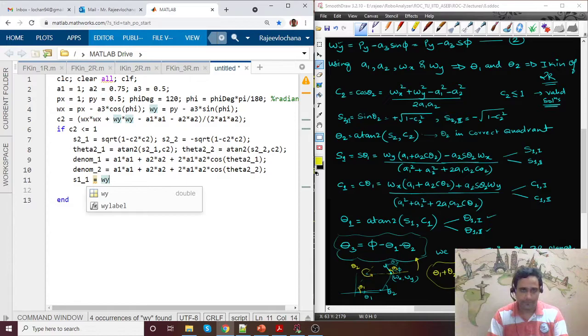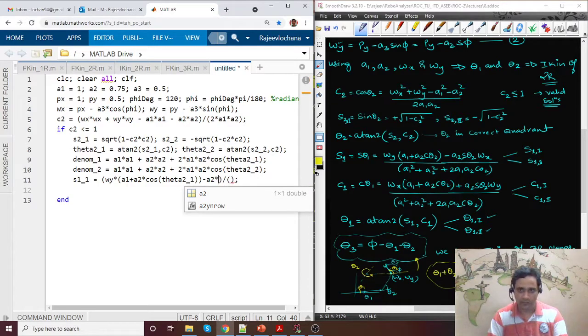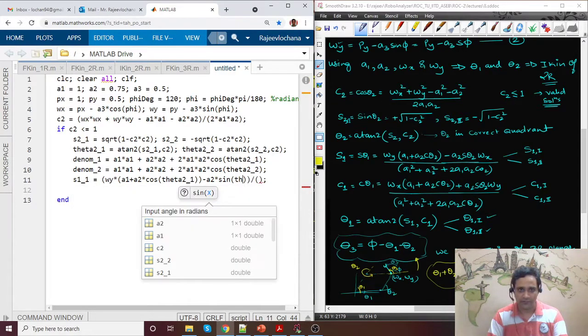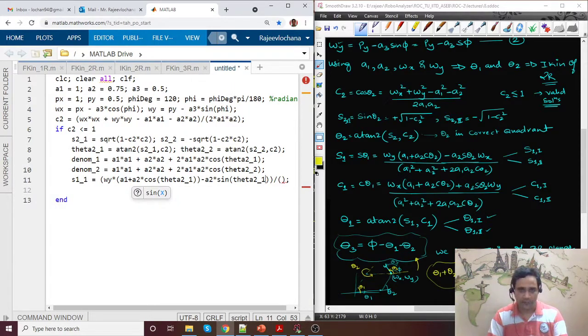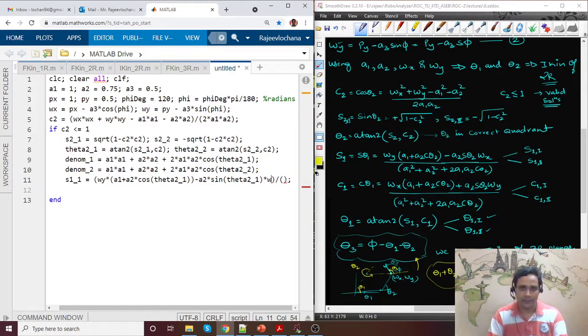wy. Okay, now again numerator upon denominator, please use round brackets. Then the numerator term is wy into, again a bracket, a1 plus a2 into cos of theta 2 underscore 1, minus a2 into sine of theta 2 underscore 1, the first solution, into wx.